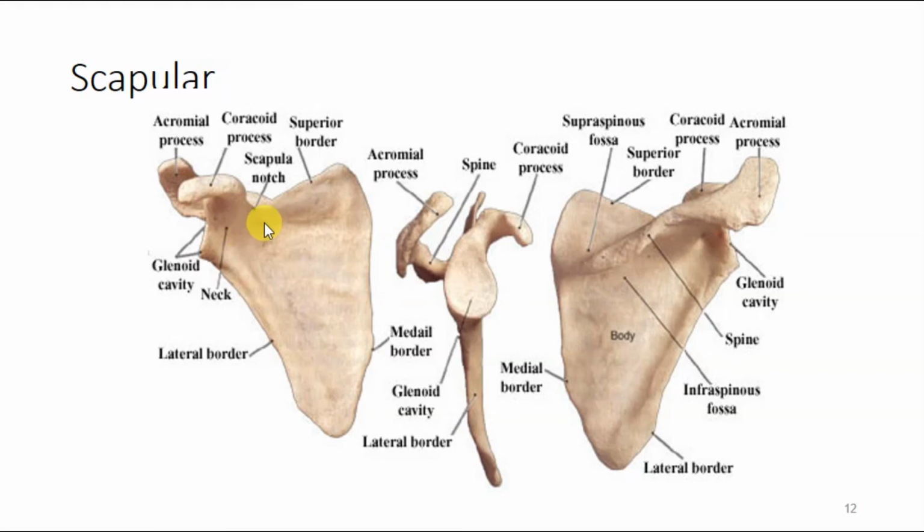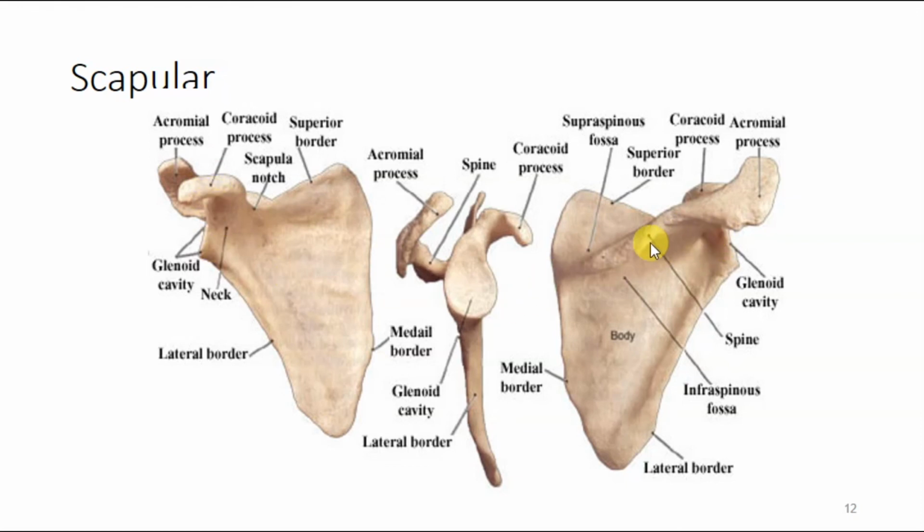As we said, it has three borders. So here is what we call the medial border, here is the lateral border, and here is the superior border. From there it has three angles, which are the inferior angle, the superior angle, and the lateral angle, which bears the glenoid cavity. And then it has three processes: the acromion process, the coracoid process, and the spine.